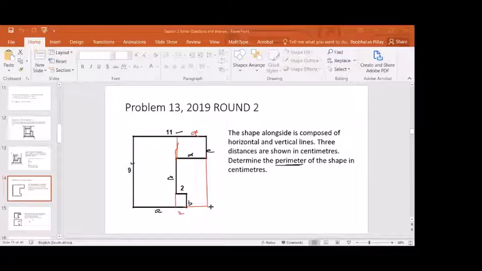So we can calculate A. Let me finish all these. So this part, from here to here, is C. I'm sorry, you can see I'm kind of struggling here.